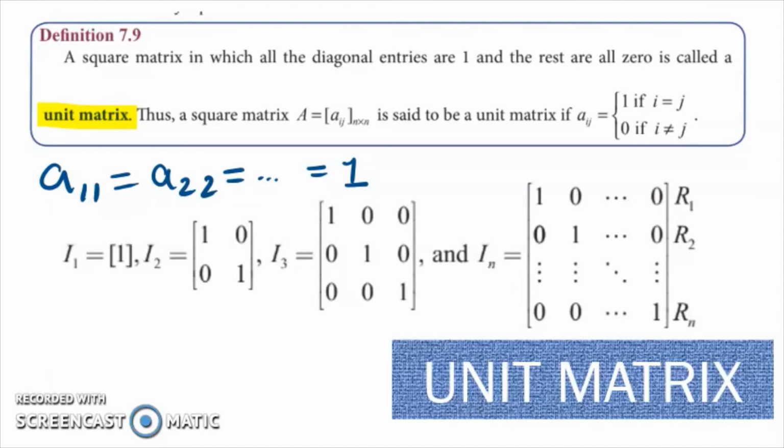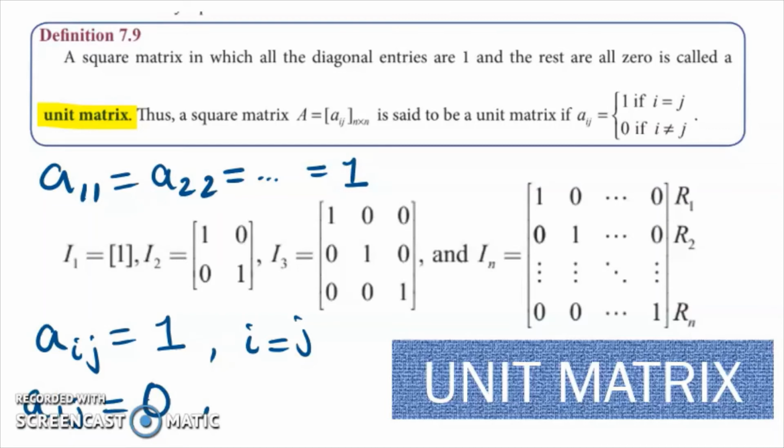In other words, we can say that Aij is equal to 1 when i is equal to j, and Aij is equal to 0 when, can you tell me when? i is not equal to j.